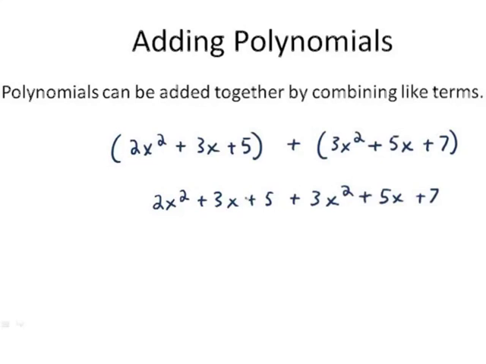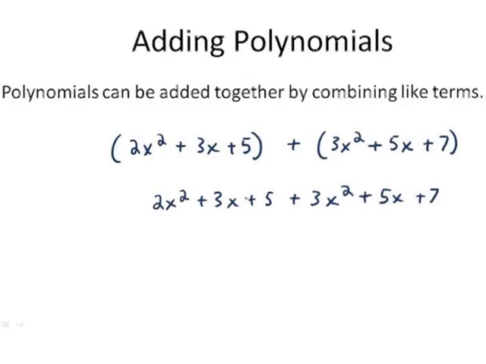Alright, polynomials can be added together by combining like terms, and that's why we've been learning to combine like terms and see what like terms look like, building towards this concept. Alright, so if I take all of these out of the parentheses and I just line them all up, I'm going to see that I've got some that are like terms.